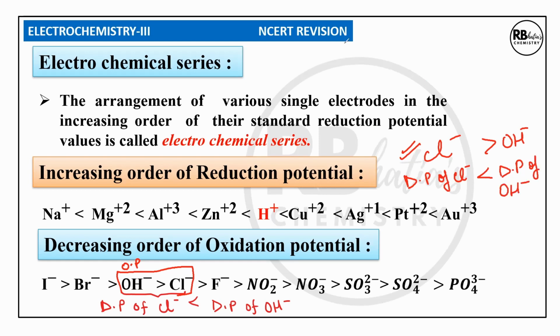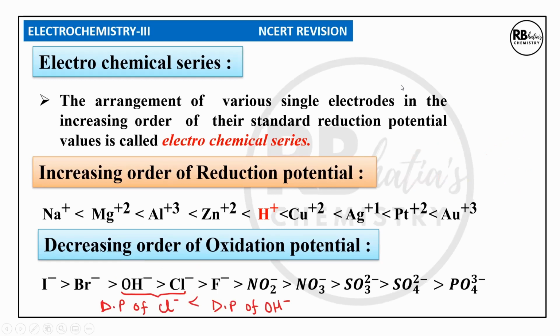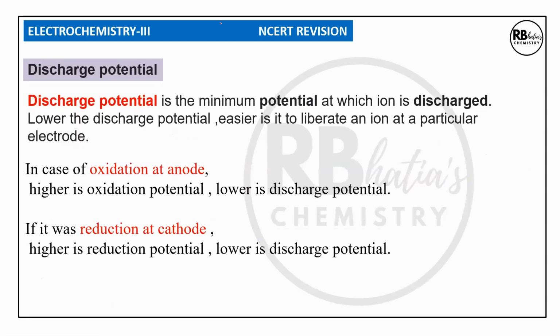Now, what is discharge potential? Revising the concept of discharge potential. Discharge potential is the minimum potential at which an ion is discharged. Basically, the minimum potential required, or the lower the discharge potential for an ion, the easier it is to liberate an ion at a particular electrode.